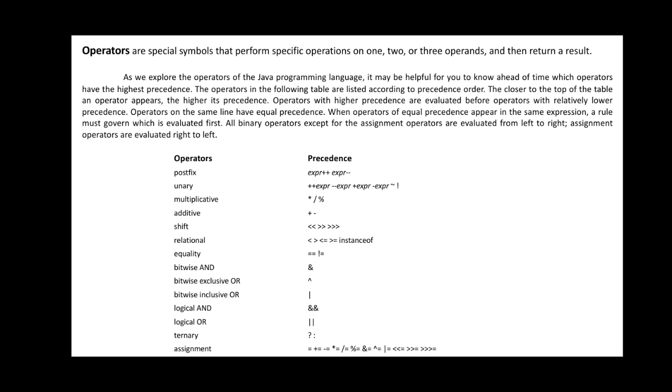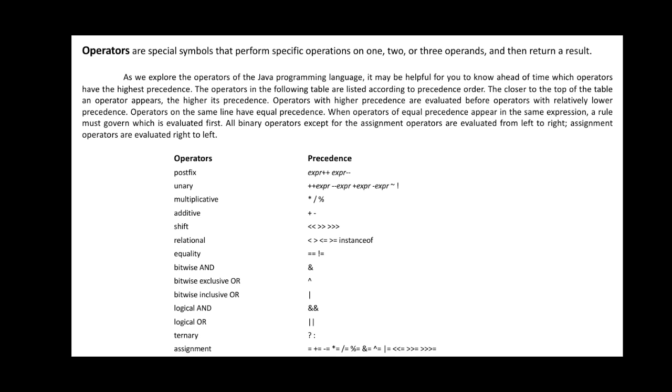Then you're going to have the multiplicative operators: multiplication, division, and modulus, which come after the unary operator. Then you're going to have the additive operator. Additive means addition and subtraction, plus operator and minus operator.